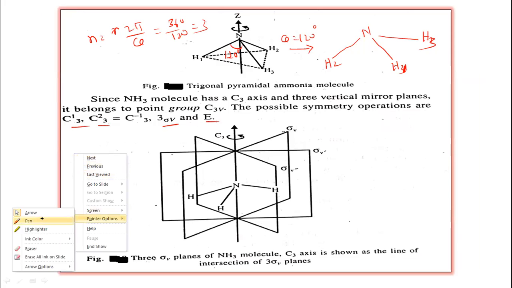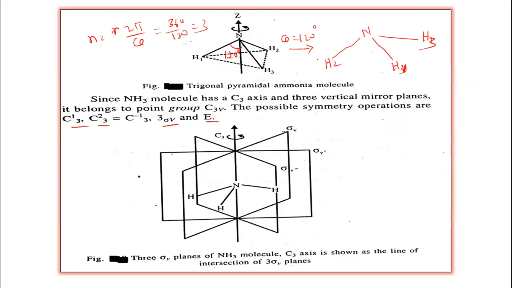Hence the point group assigned to the ammonia molecule is C3v, as it has 3 vertical mirror planes.